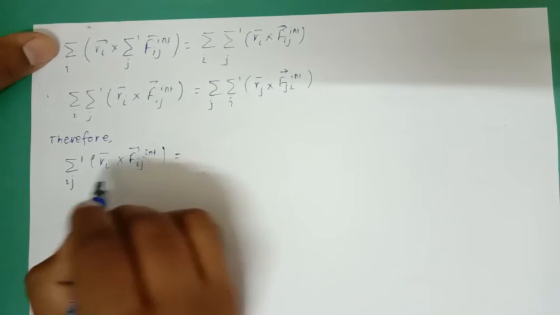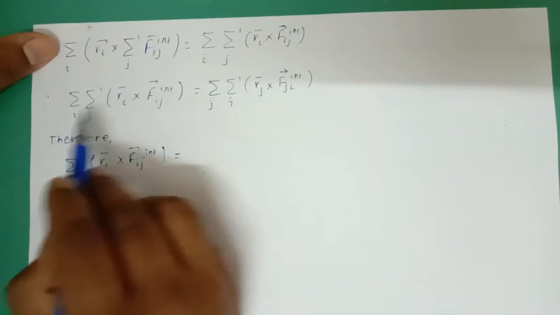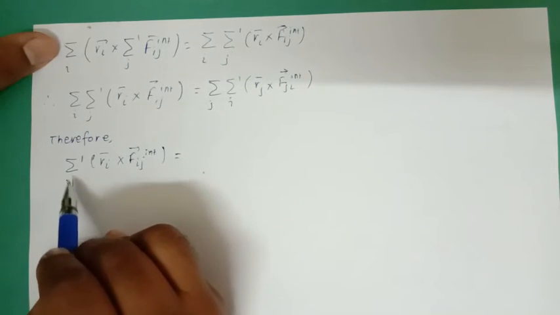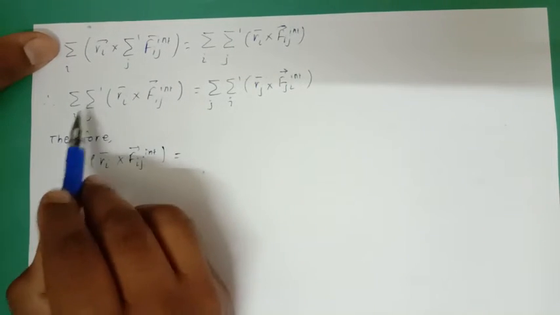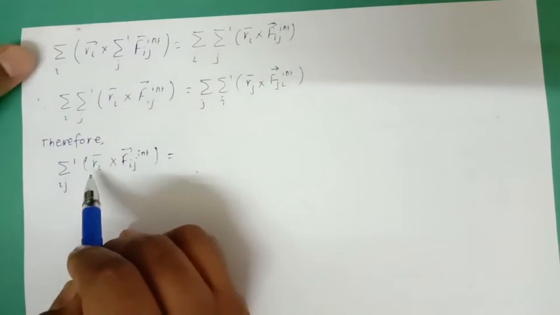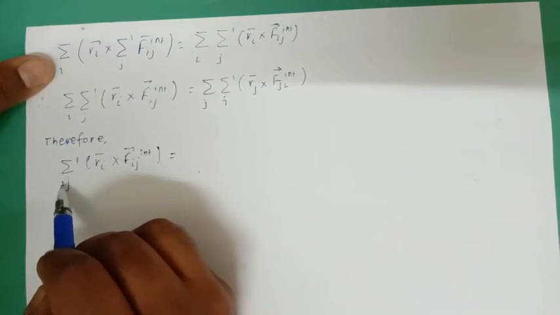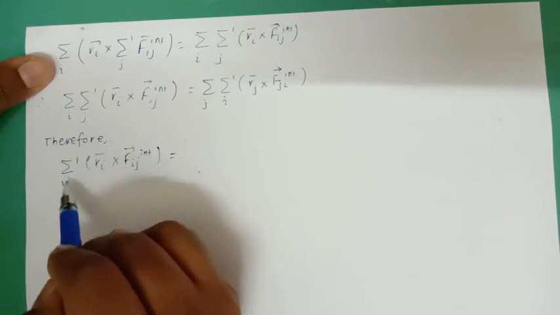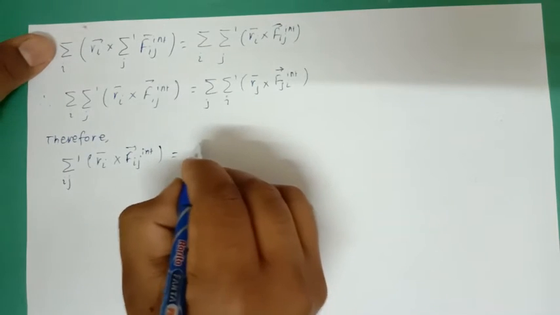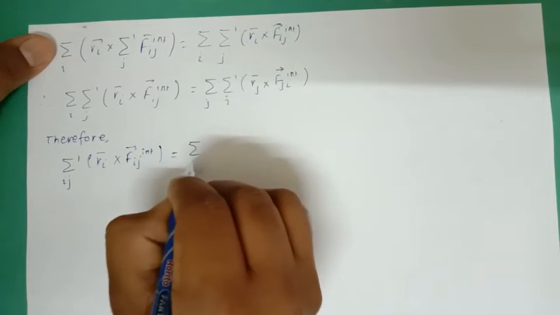Don't get confused about how this summation over ij comes from. Since i runs from 1 to n, j again runs from 1 to n.